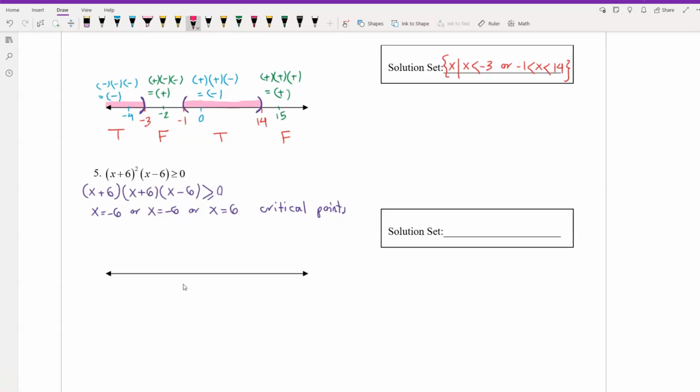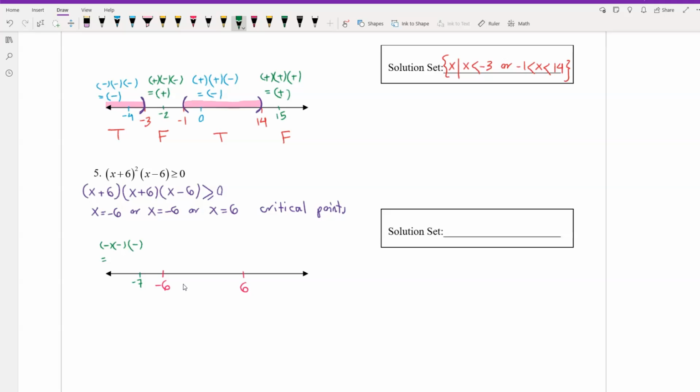Now here on this number line we have negative 6 and positive 6. Any number less than negative 6, for example negative 7. Use that here on top instead of x. So we have negative 7 plus 6, that is negative. Negative 7 plus 6 is negative. Negative 7 minus 6 is negative.